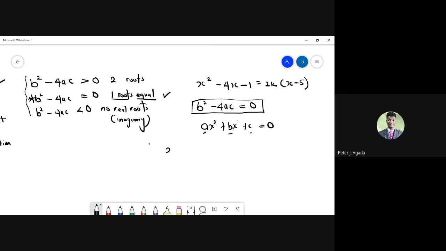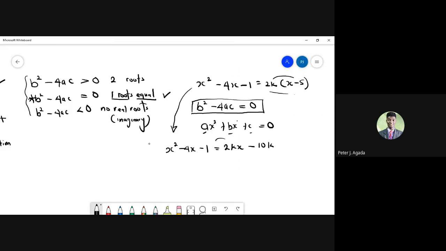From this quadratic equation, I have x squared minus 4x minus 1 equals, let's expand this and see what we get: 2kx minus, if you multiply this together, you get negative 10k.